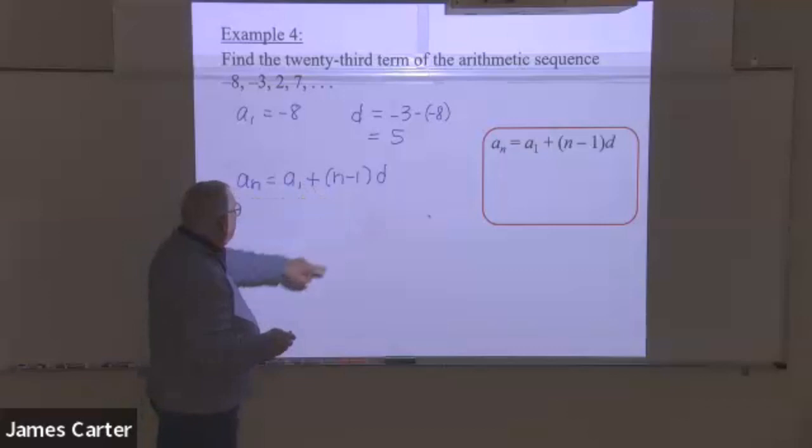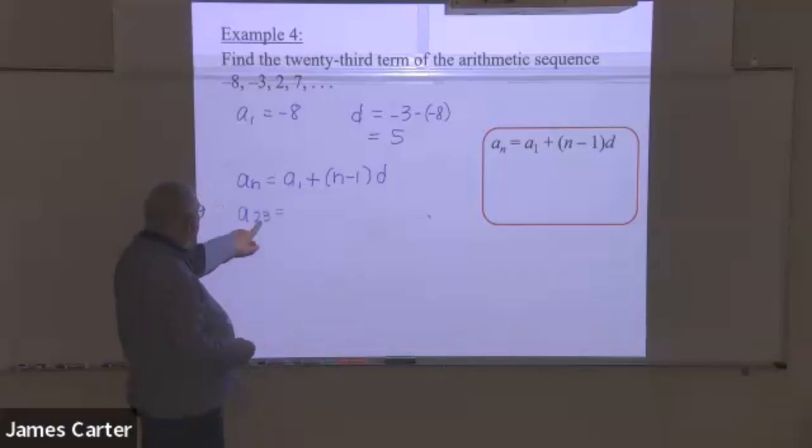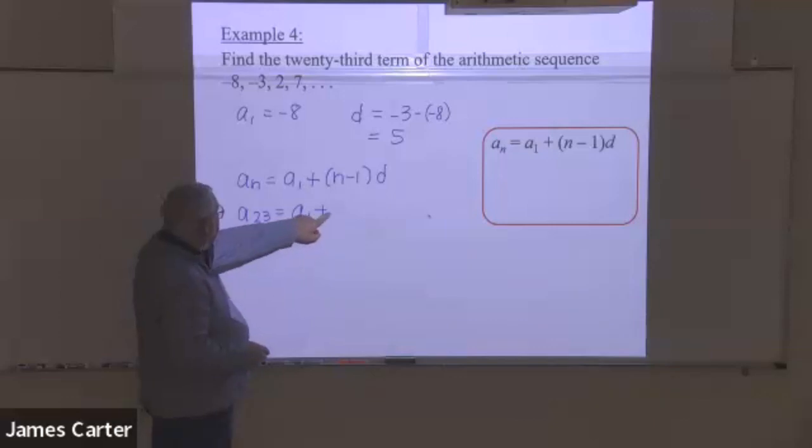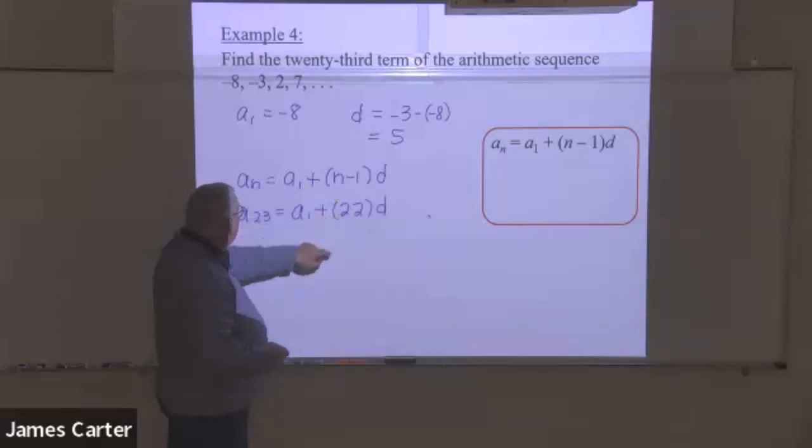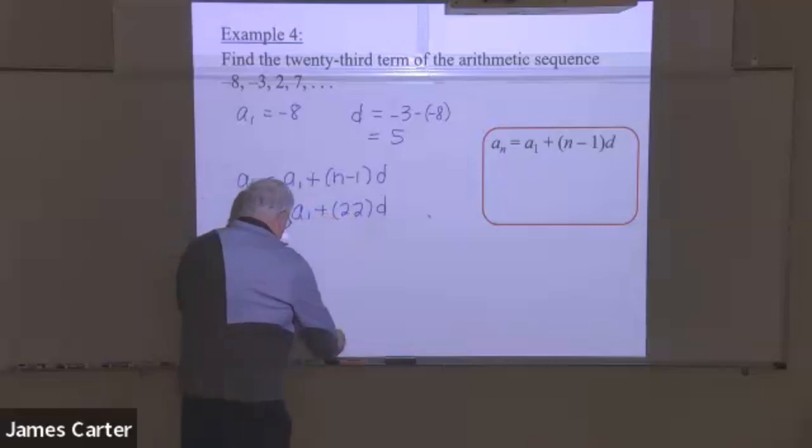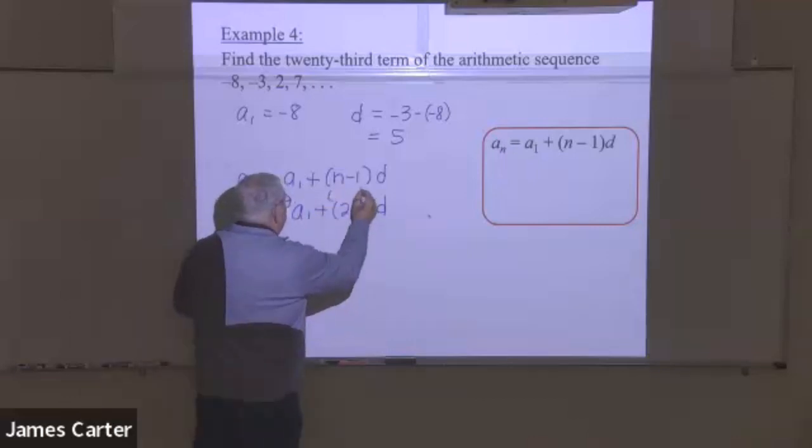So here's our formula. If we want to find the 23rd term, then we put in the first term. We're going to put in this 22 comes from 23 minus 1.